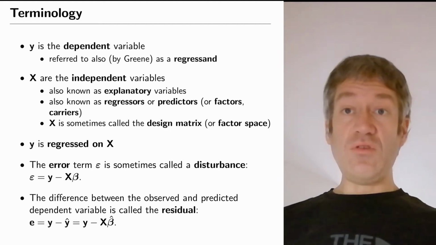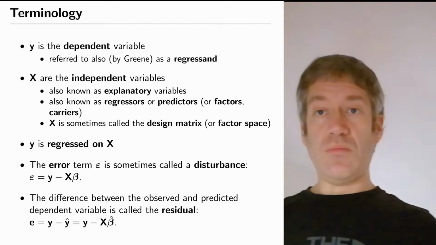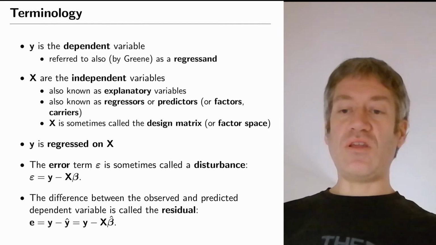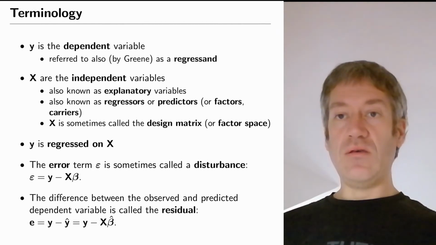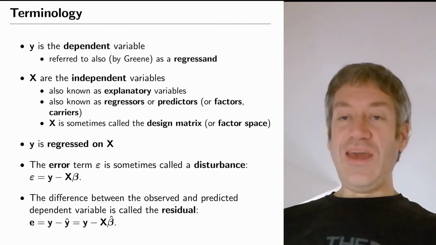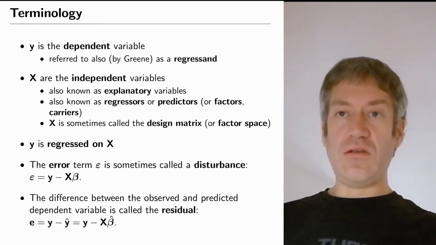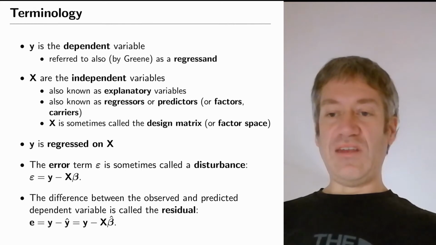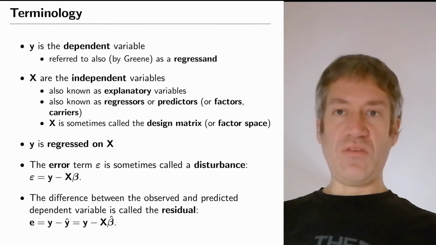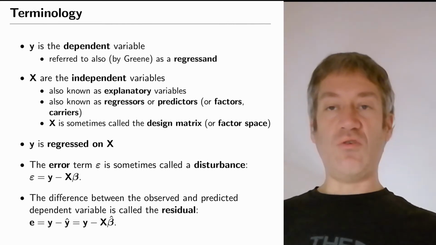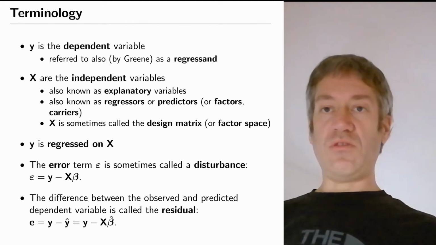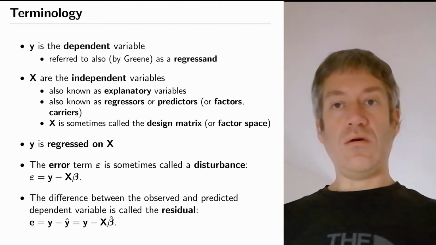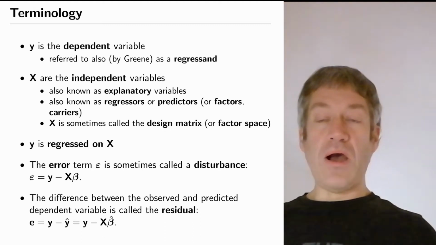When we did the lab on algebra, when we practiced with multiplying matrices, we already looked at y minus x times beta hat. Now, x times beta is this linear prediction based on x and based on the values of beta. And the difference between y, the dependent variable, and those linear predictions, that is what we call the error term or the disturbances. And a lot of the assumptions we make in modeling are assumptions about this error term.